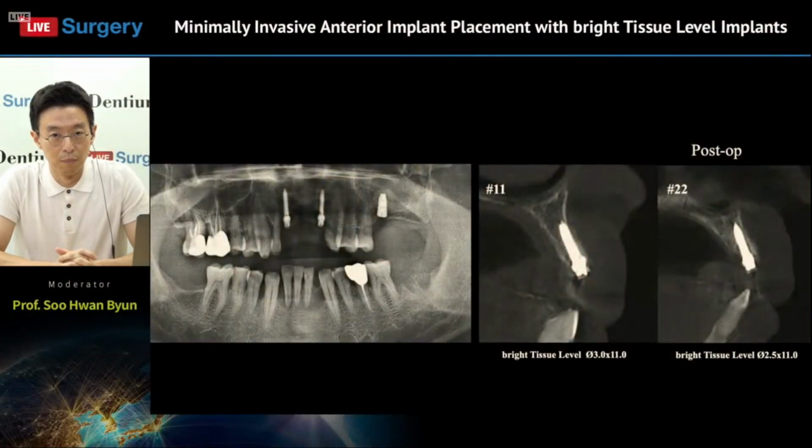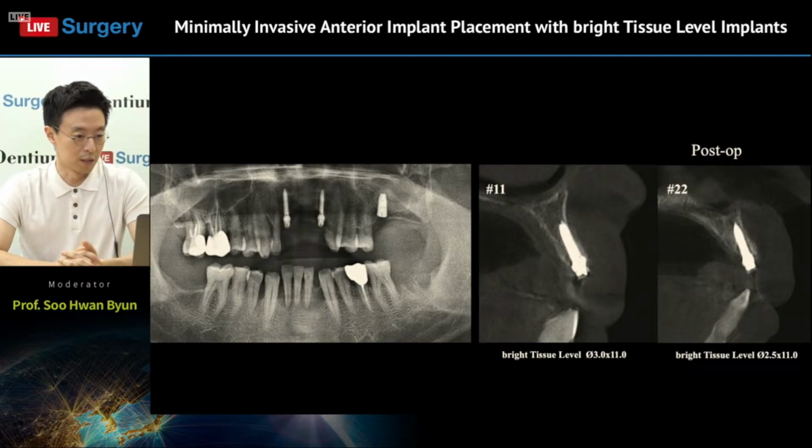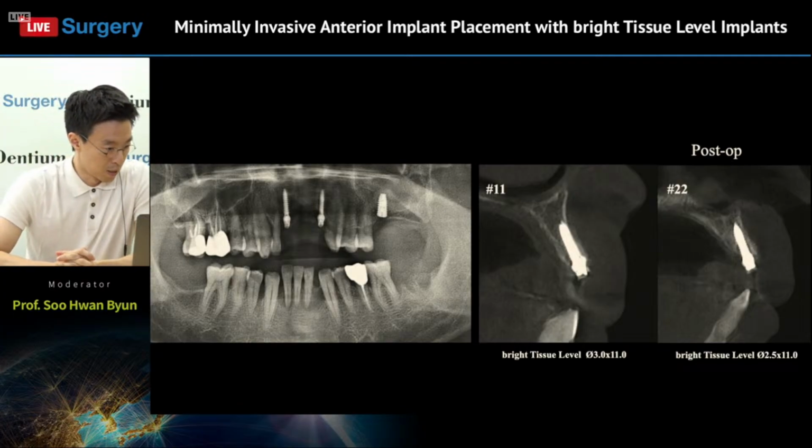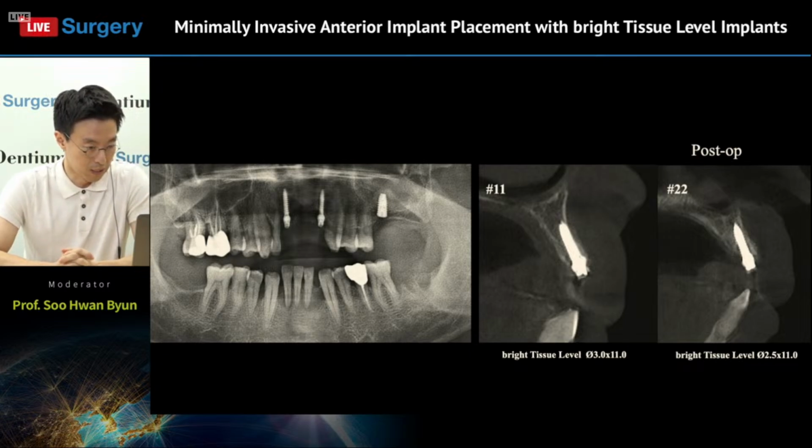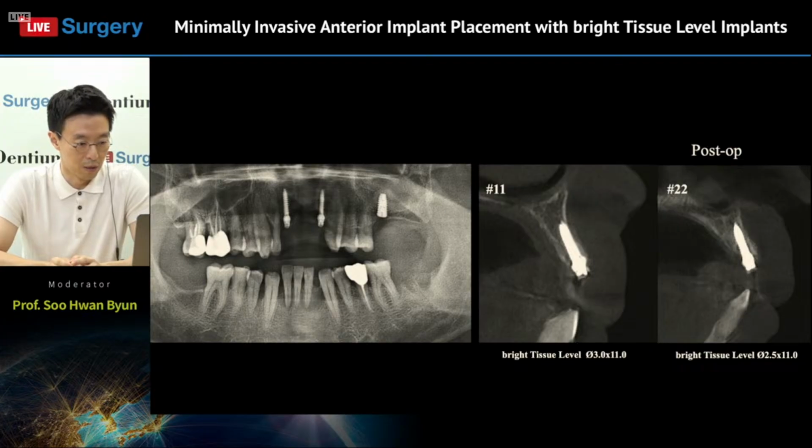Okay, let me show you the post-operative result. Here are the post-operative X-ray images, and we can see the two bright tissue level implants in upper anterior area. We use 3 by 11 fixture on the right upper central incisor, and 2.5 millimeter by 11 millimeter bright tissue level fixture on left upper lateral incisor.